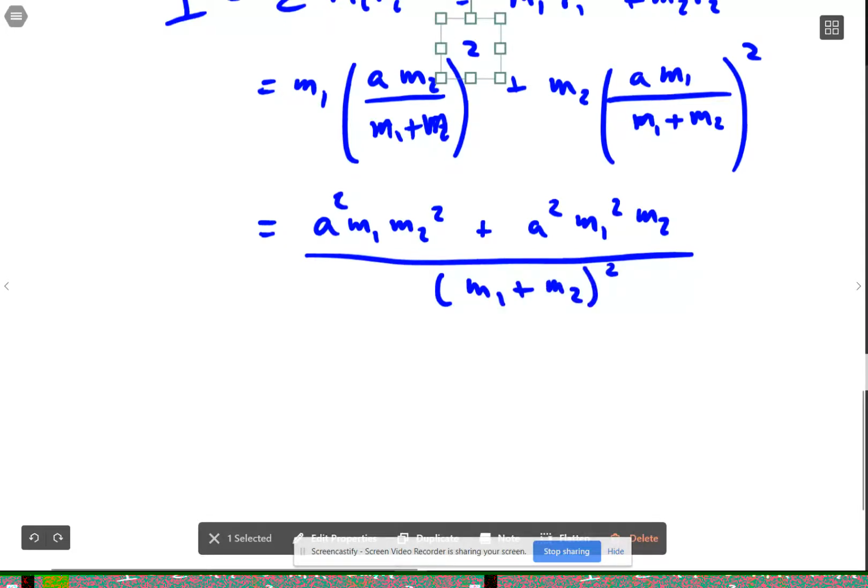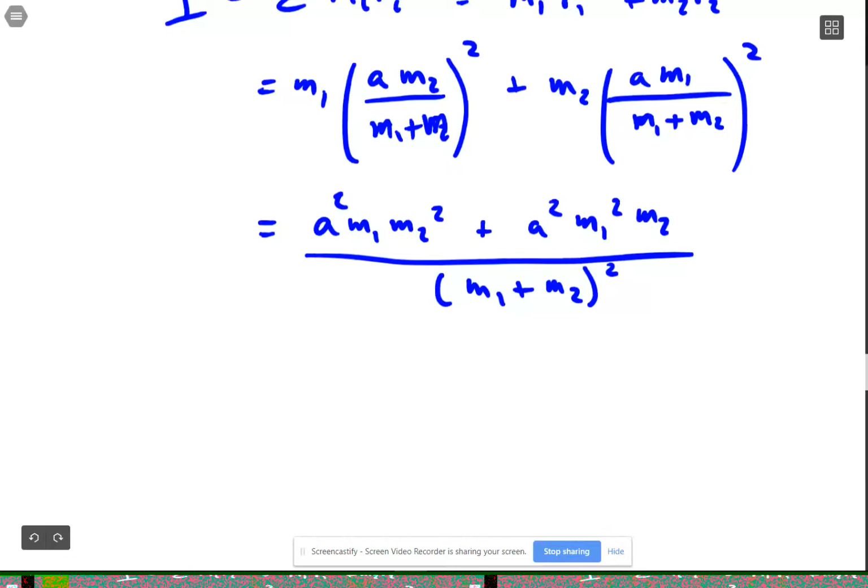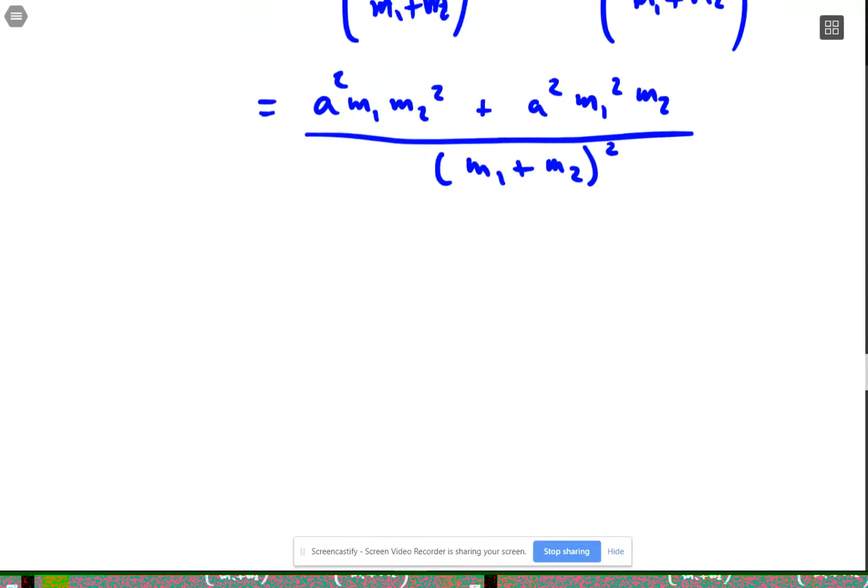So there I've expanded it out. And now I'm just going to factor out what I can. Everything has an a squared, everything has an m1, everything has an m2, and then I'm left with the first term had an extra m2, second term had an extra m1.